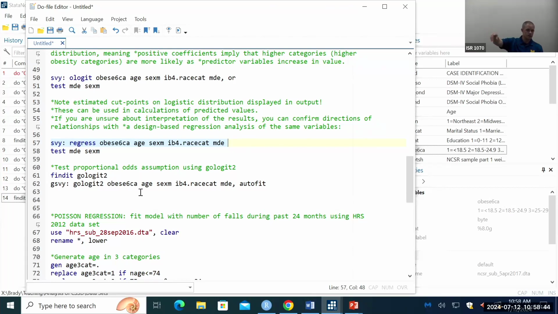After a comma, I've included the option called autofit. What that means is that it's going to go through and fit every possible competing model to that proportional odds model and do all the comparisons that the coefficients are equal across all those different models. So autofit is going to take longer to run because it's fitting all these competing models.